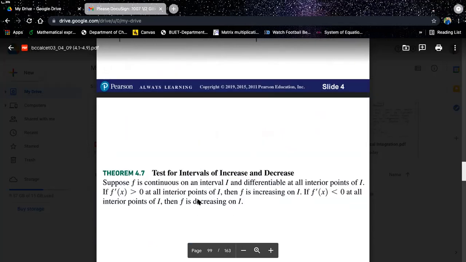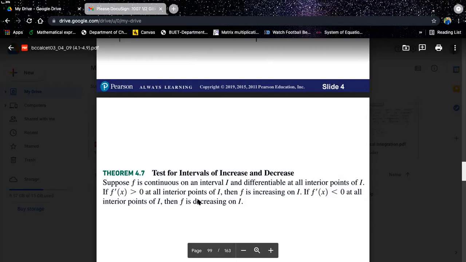Now, what does this mean? This means if I give you a function and I ask you, for a certain interval, to find whether the function is decreasing or increasing, all you need to do is to find the first derivative and check whether the first derivative is greater than 0 or less than 0 on that interval.